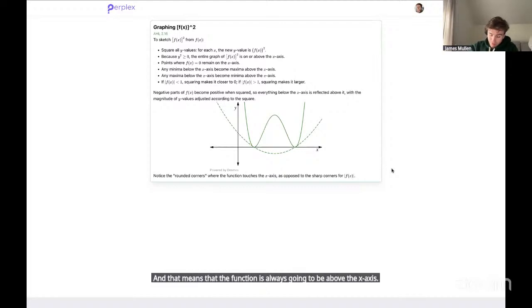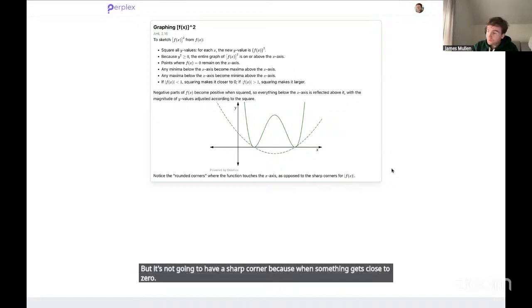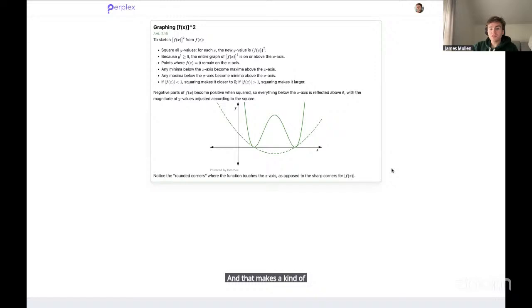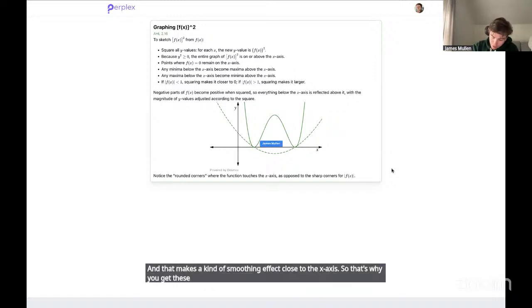But it's not going to have a sharp corner because when something gets close to zero, small numbers when squared become smaller, and that makes a kind of smoothing effect close to the x-axis. All right, so that's why you get these rounded corners and not the sharp corners that we saw earlier with the absolute value.